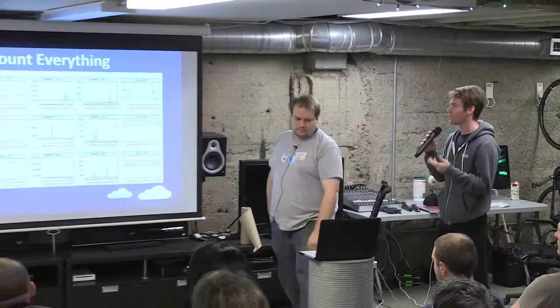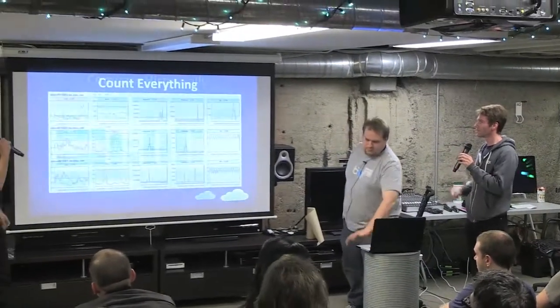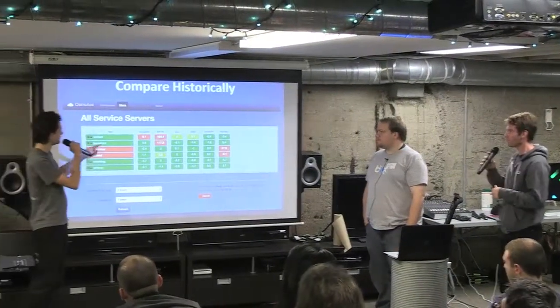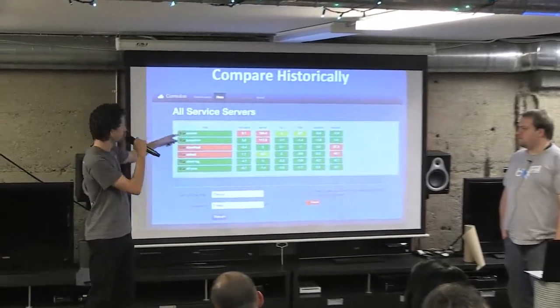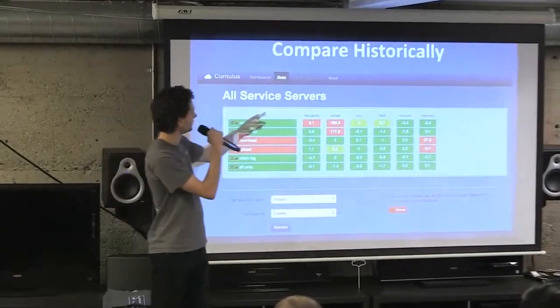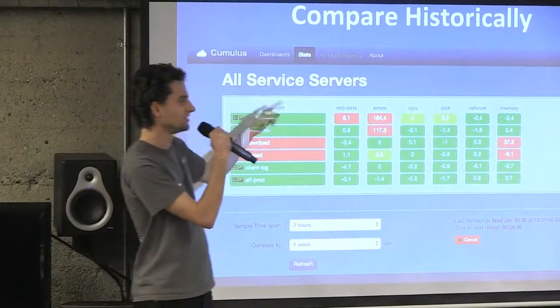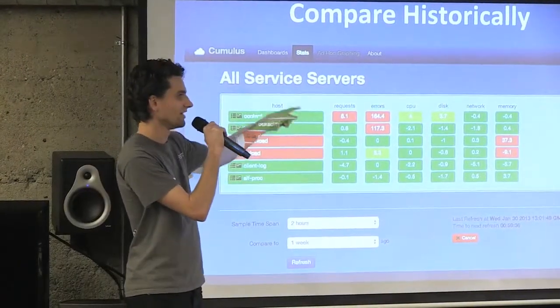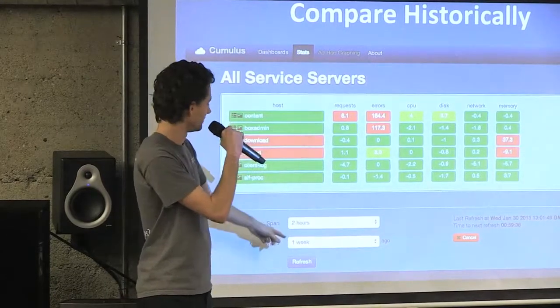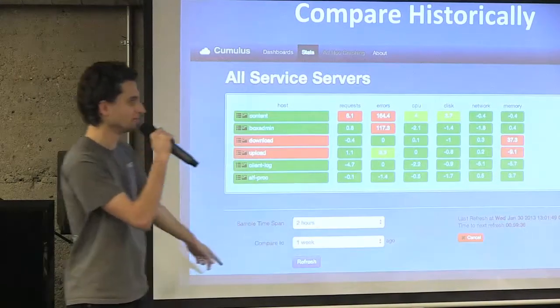So hang on, can we just look again at the... If I understand correctly what you explained, that means that this host group here, content, has 6 deviations more requests at the 99th percentile for the past 2 hours compared to 1 week ago, right? Right.